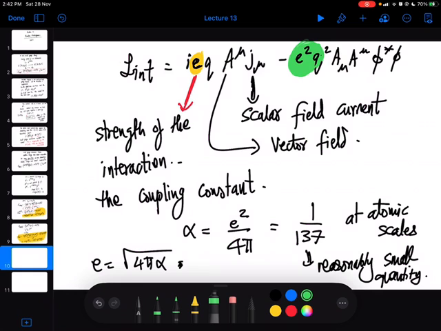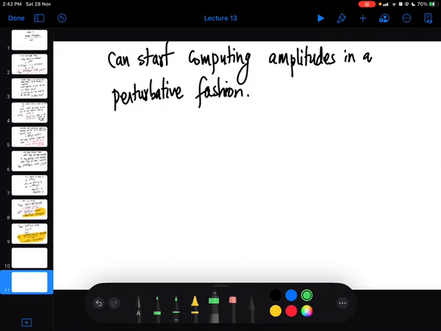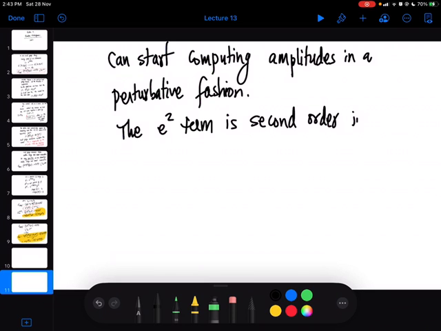So this e square term is second order in perturbation theory.